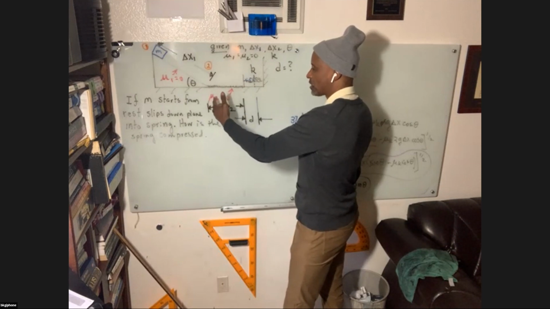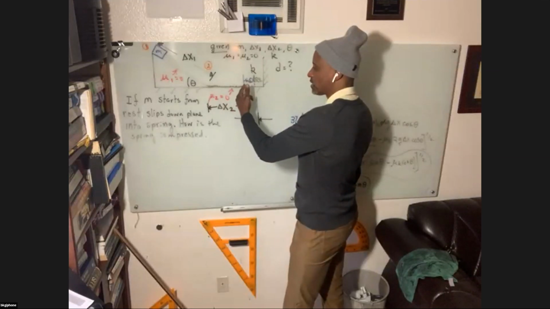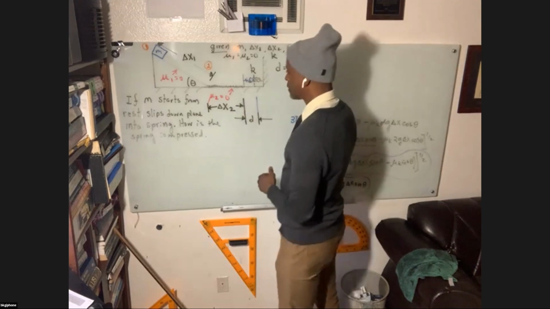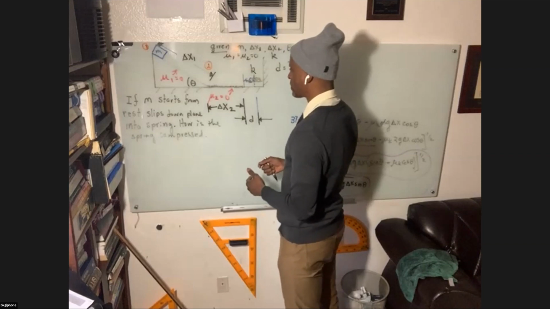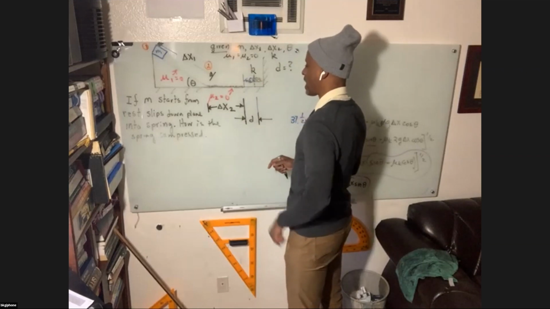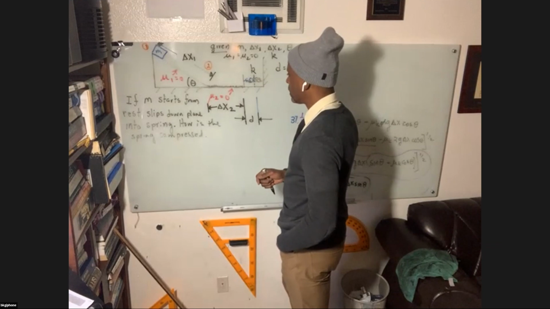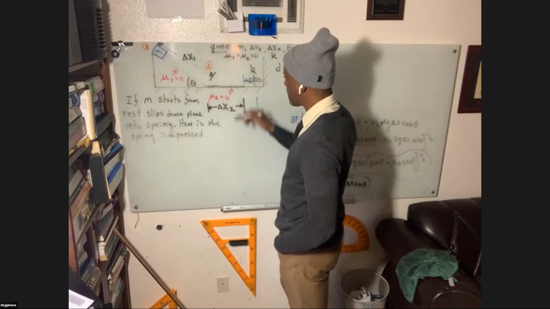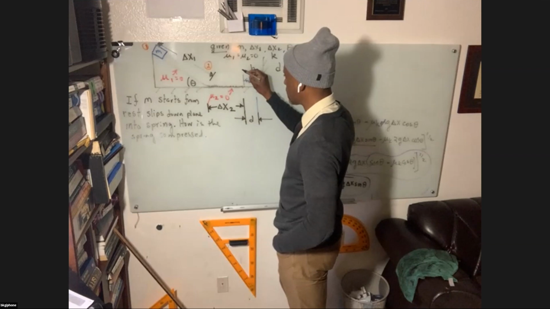This is implicit information, but since this is 0, it's just going to slide along at the same constant speed and then hit the spring. It's an ideal spring, so we don't really have to worry about momentum or anything. The spring doesn't have any mass; it just has K. So that maybe is a critical point.